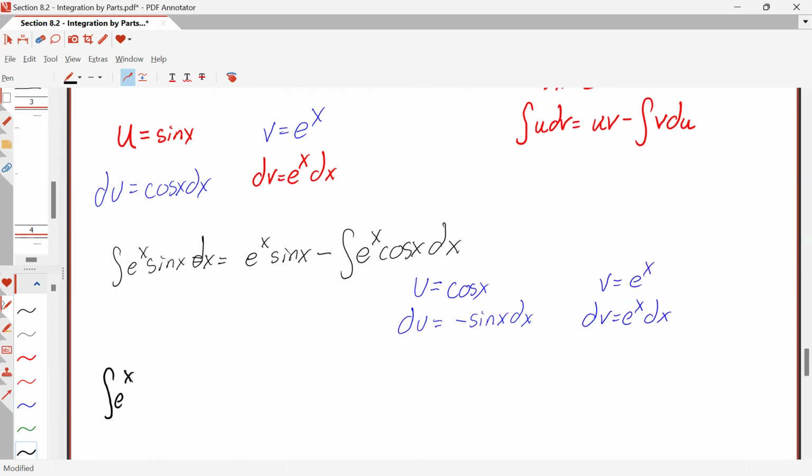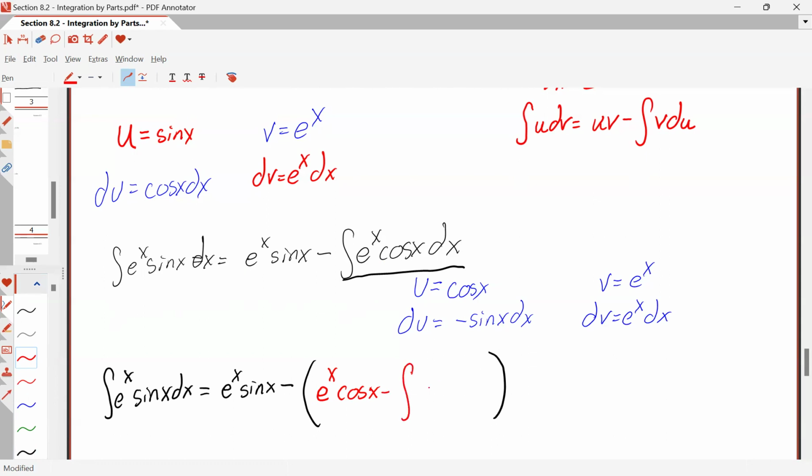So applying integration by parts again, leaving the stuff we already know, using integration by parts on the e to the x cosine x, we'll have e to the x cosine x minus the integral of negative e to the x sine x dx.